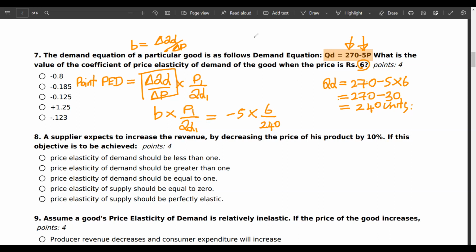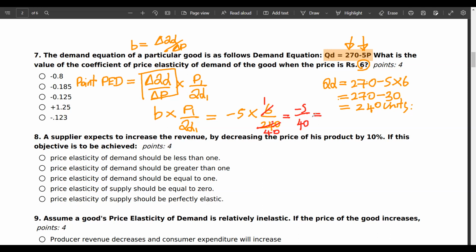If I simplify the whole thing now, 6 over 240 is going to be 1 over 40. And then I'm left with minus 5 over 40.